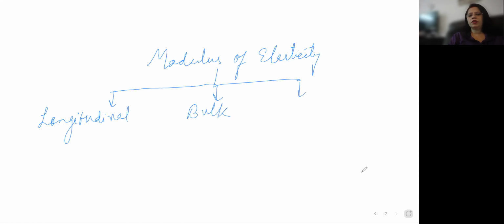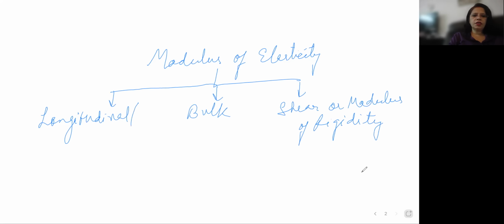And third one is shear or modulus of rigidity. Longitudinal modulus of elasticity is denoted by Y, bulk modulus is denoted by B, and shear modulus is denoted by G or eta.